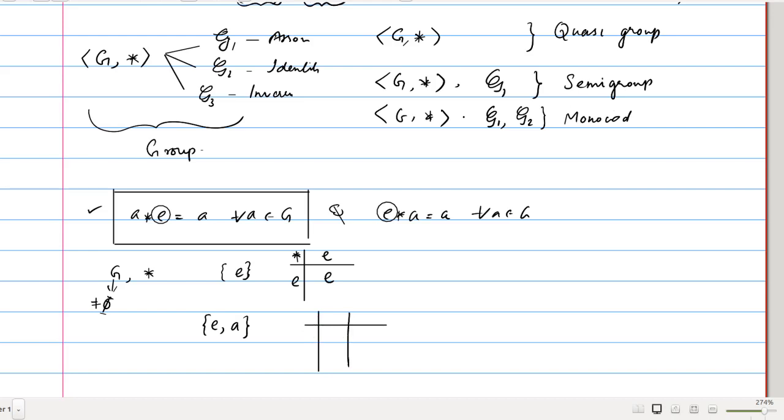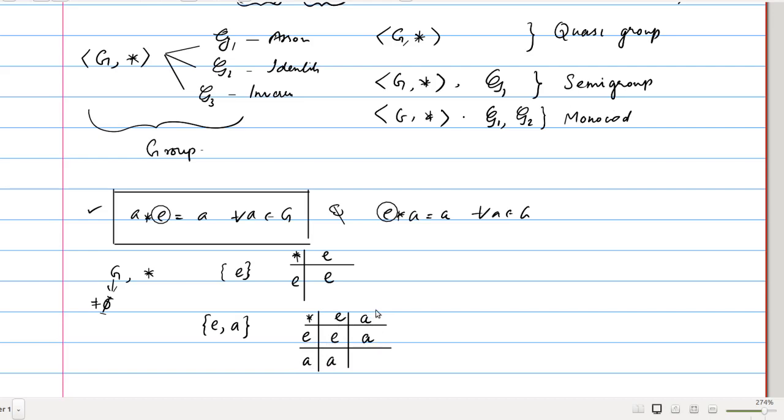Since it contains two elements, we write E and A. We get E star E is equal to E, and since E is the identity, E star A is equal to A itself. Similarly, A star E is also A.